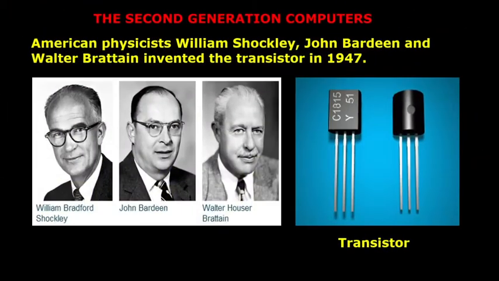American physicists William Shockley, John Bardeen, and Walter Brattain invented the transistor in 1947, which became the main technology of computers in the second generation, instead of vacuum tubes.